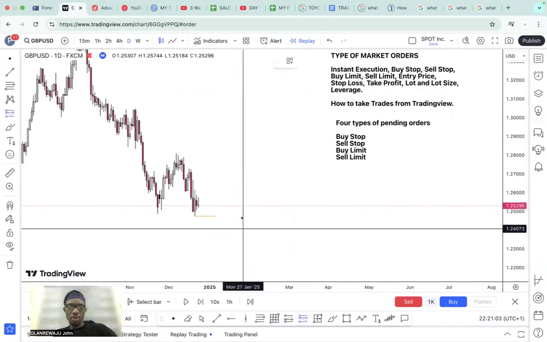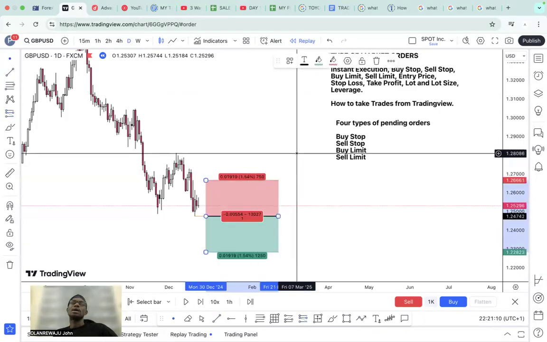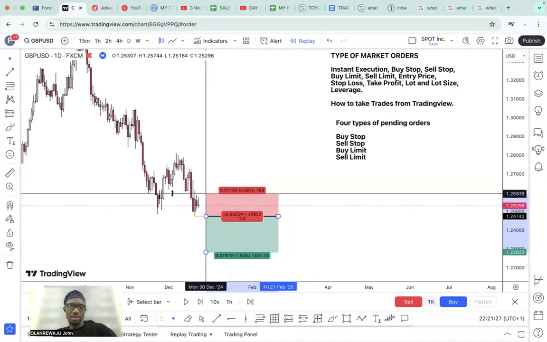A sell stop. Putting a sell order at a price that is lower than the current market price. And buy stop is placing a pending buy order at a future price that is higher than the current market price. Don't let's get it twisted and don't let's get confused.